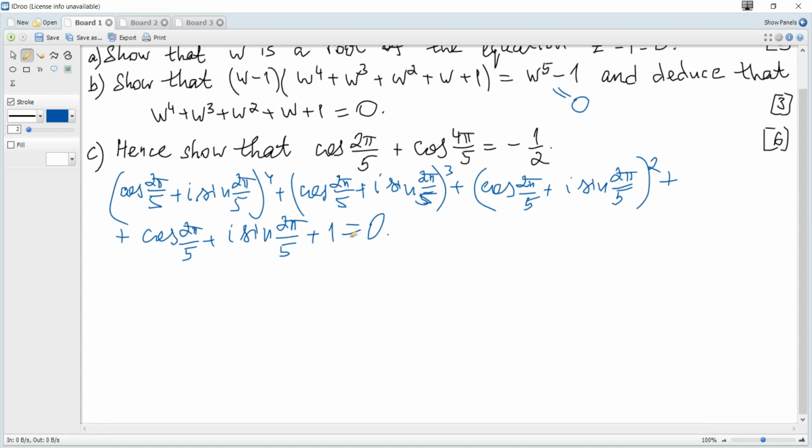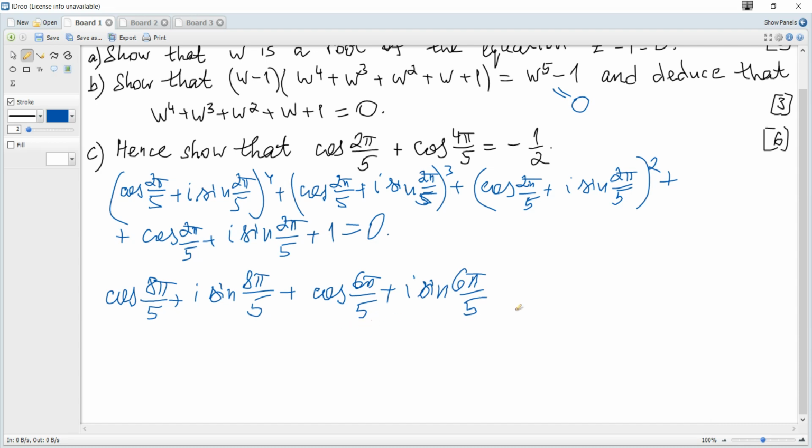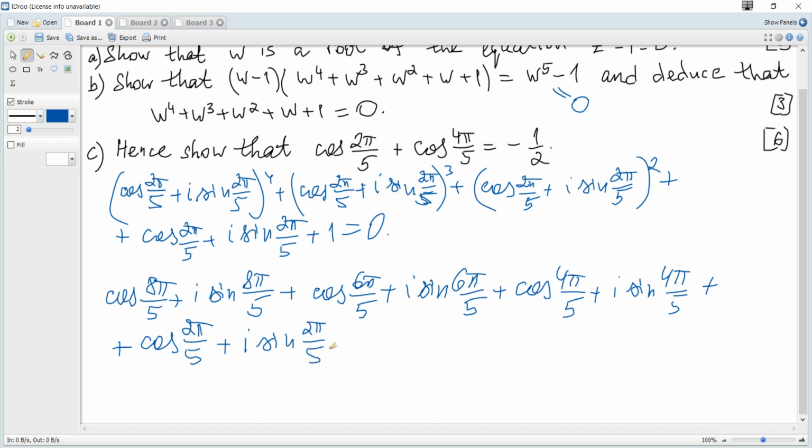And again, using de Moivre's theorem, it becomes cosine of 4 times 2, it's 8 pi over 5, plus i sine of 8 pi over 5, plus cosine of 6 pi over 5 plus i sine of 6 pi over 5, plus cosine of 4 pi over 5 plus i sine of 4 pi over 5, plus cosine of 2 pi over 5 plus i sine of 2 pi over 5, plus 1 is 0.